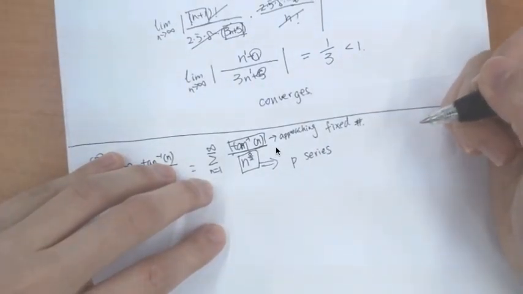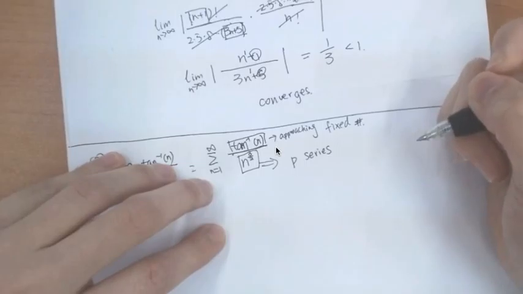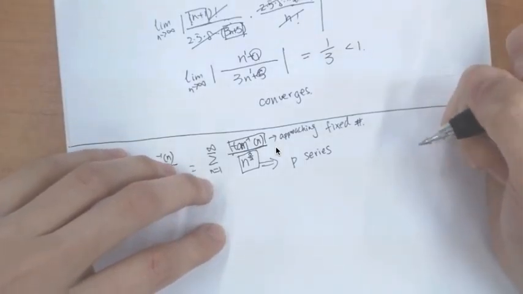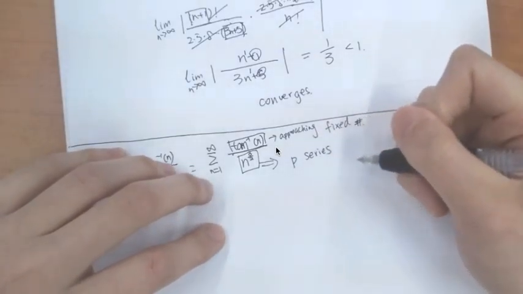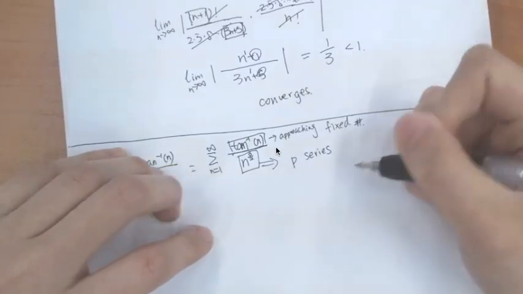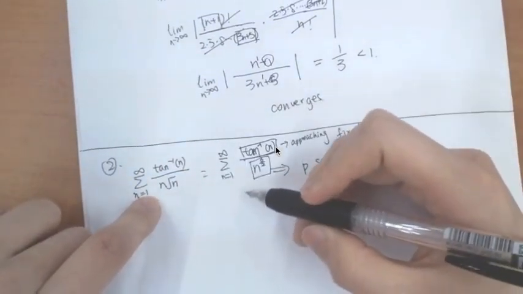So we're using the comparison test with the p-series to test if this original series is convergent or not.